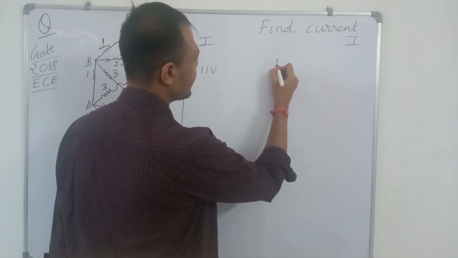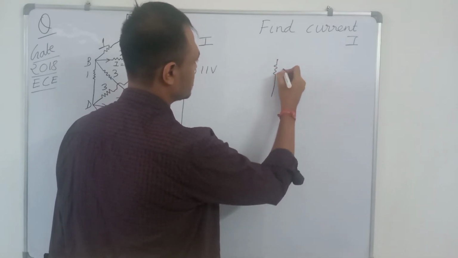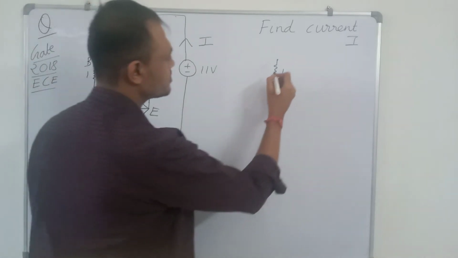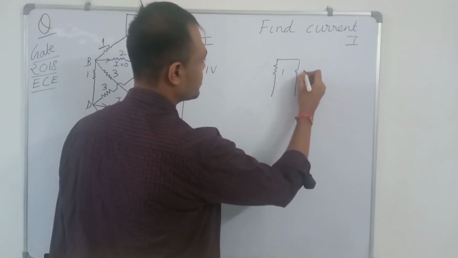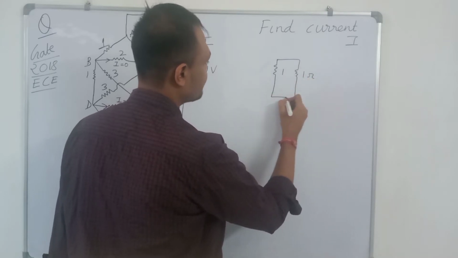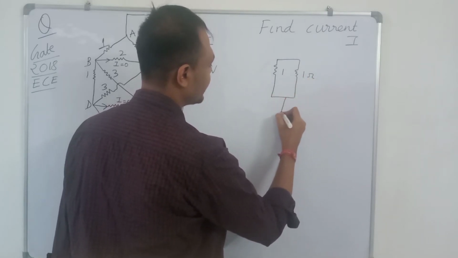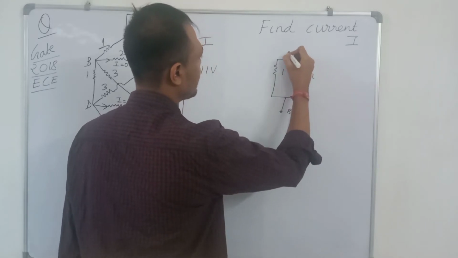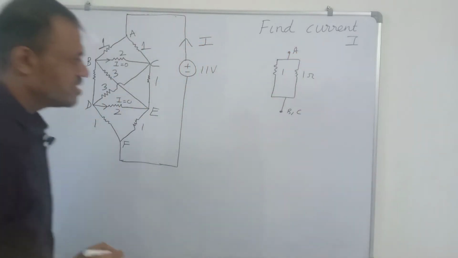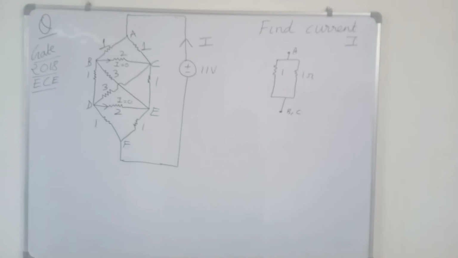This is point A. This is 1 ohm and again 1 ohm. And points B and C are one and the same, so this is B comma C, and this is point A. So B and C are replaced by a single point.